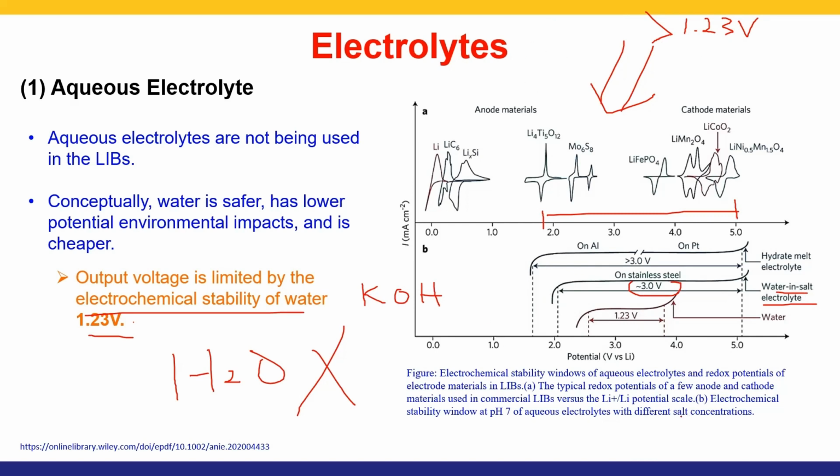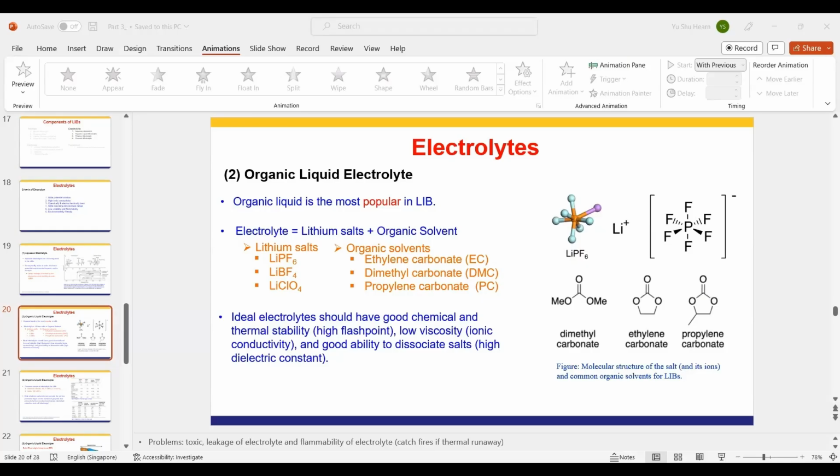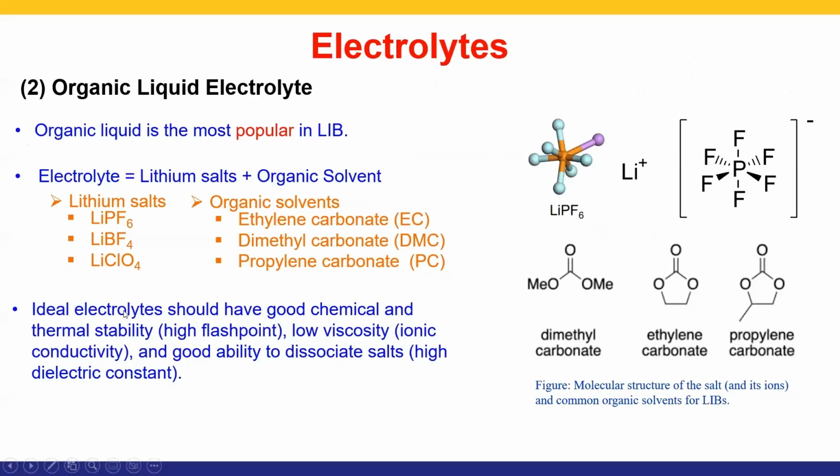However, in normal operation, a lithium-ion battery operates around 3.7 volts, and therefore water will be split undoubtedly. And if we split the water, it will generate hydrogen and oxygen, and these gases will pile up in the cell.